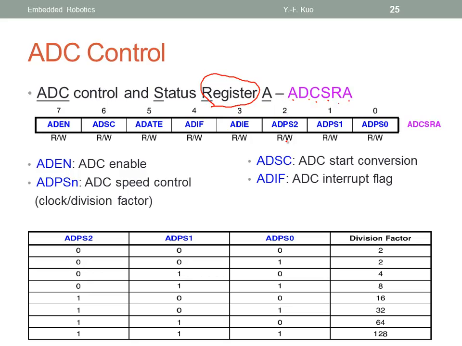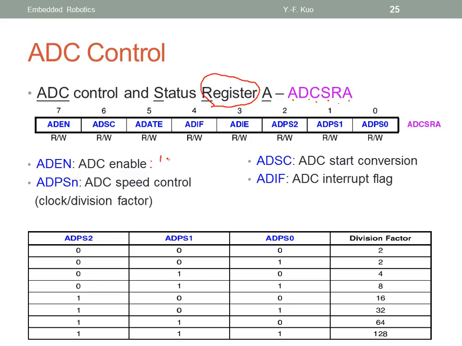Okay, and it is an 8-bit register, and each bit has its own function. So let's see the function here. The function that we will use first is the ADEN, the ADC enable. In this bit, you can write 1 into it.